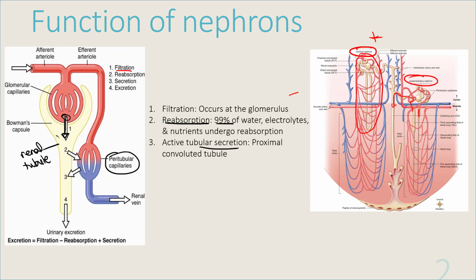And then the last function of the nephron is secretion, and that's an active process. In secretion, water and any solutes leave the capillaries again to enter into the tubules. And then it gets collected, and then it gets excreted as urine.